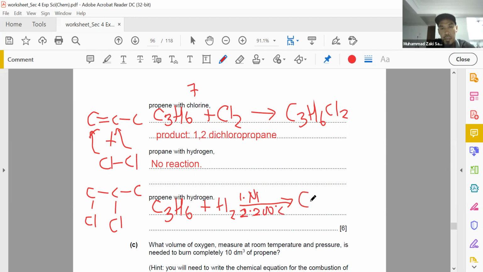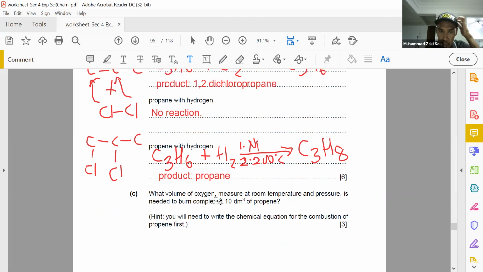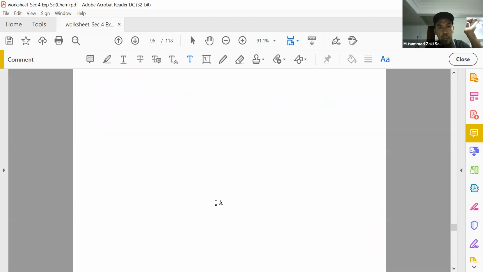Remember, in an addition reaction, you add the reactants together to get the product. So what is the name of the product?